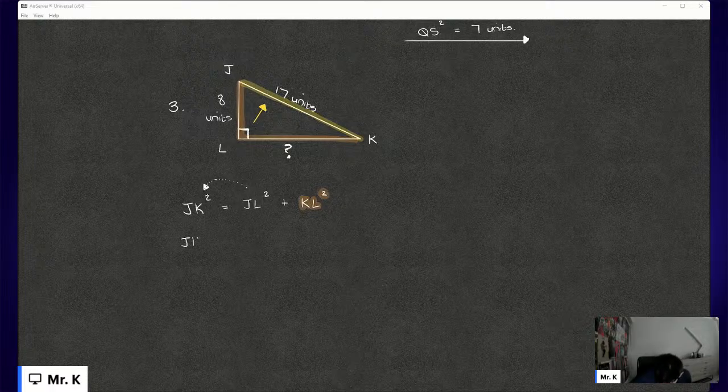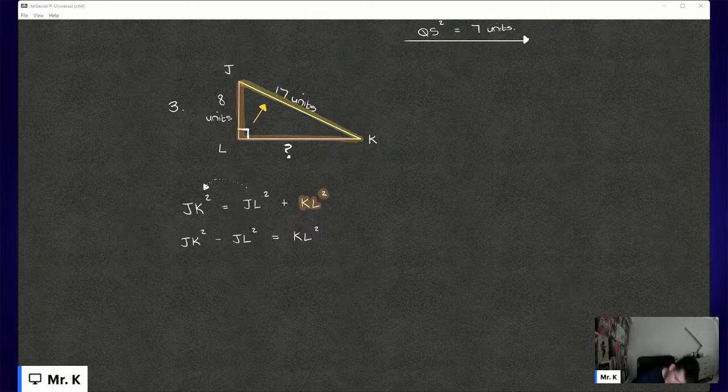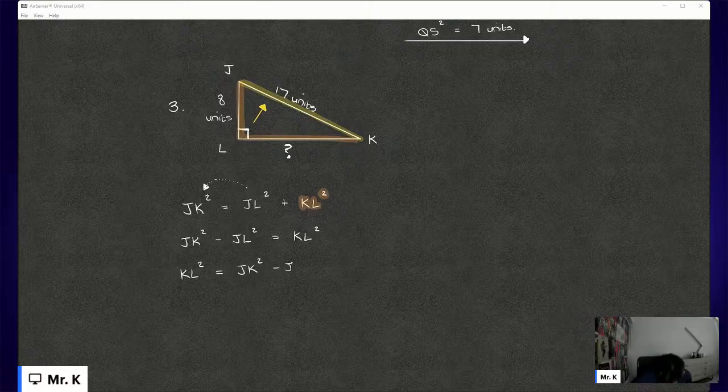So when I move something over, it changes sign. So it's now a minus sign, leaving me with KL squared on its own on the right-hand side. We can flip this around just so that it reads a little bit more nicely. And there we go.